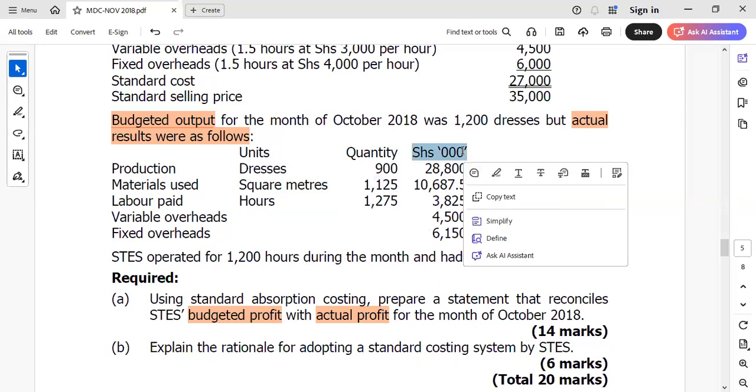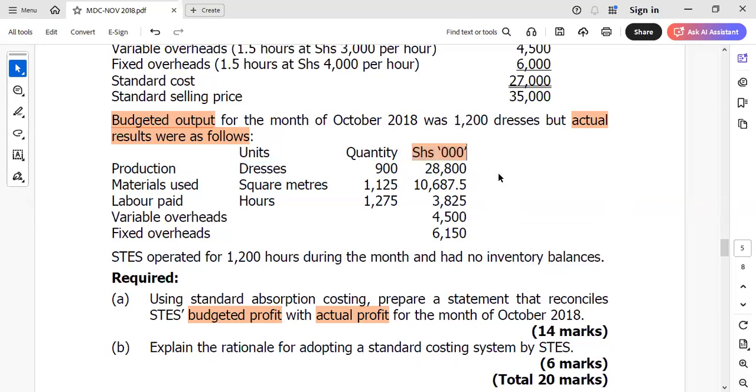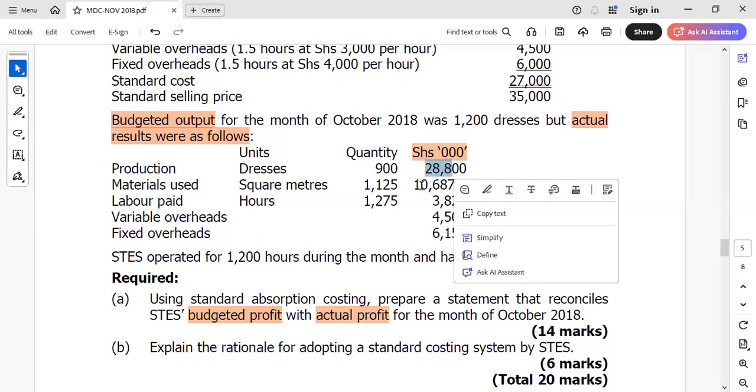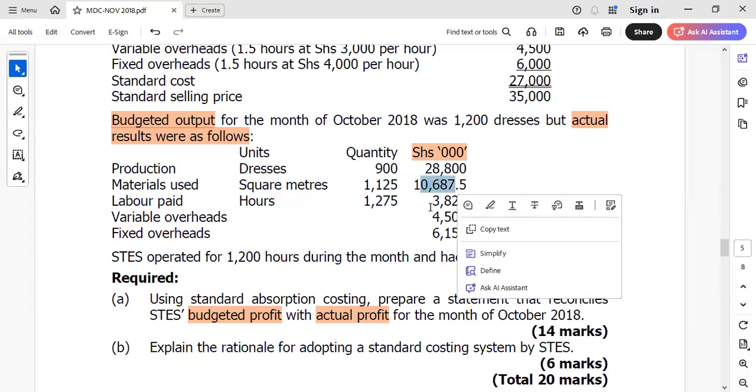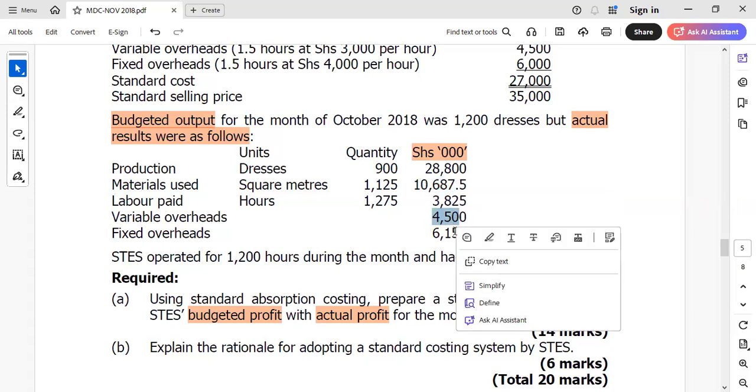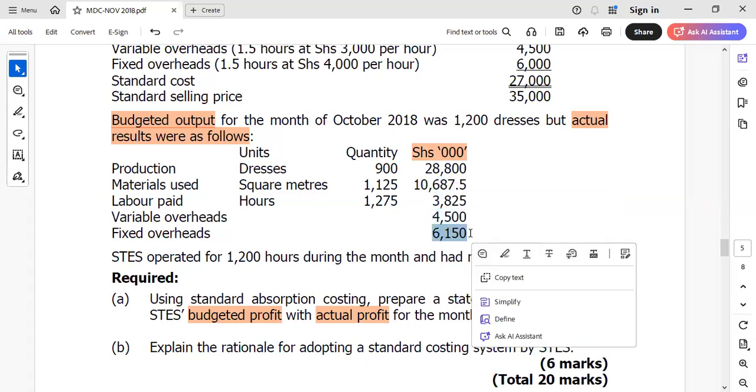Now I want you to get your calculator. You know how we get a profit. If you get this figure minus this, minus this, minus this, minus this, what do you get on your calculator?